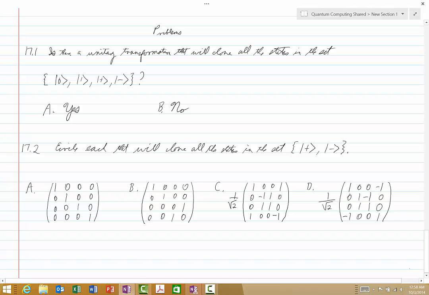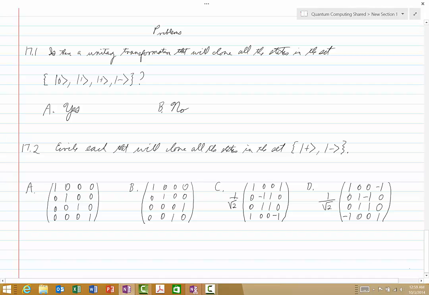Okay, so the first two problems for this lecture are as follows. Both of these deal with cloning, and then the in-class problems will deal with gates. But the first question is simple.